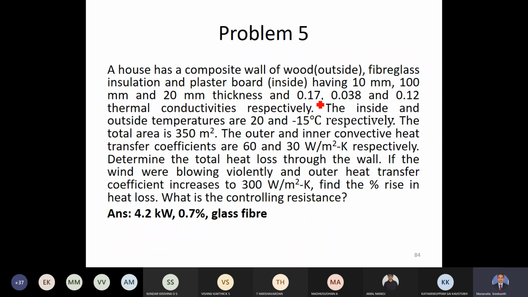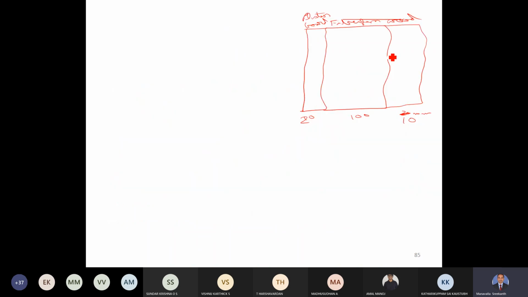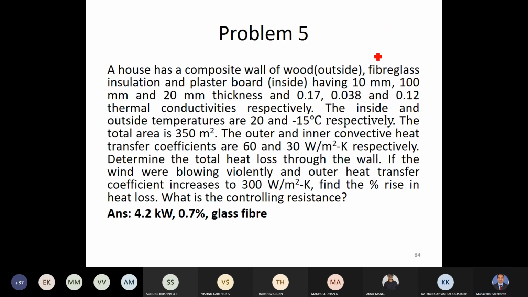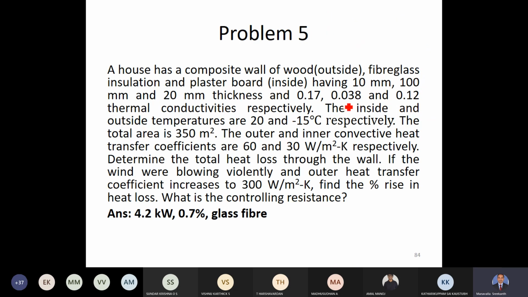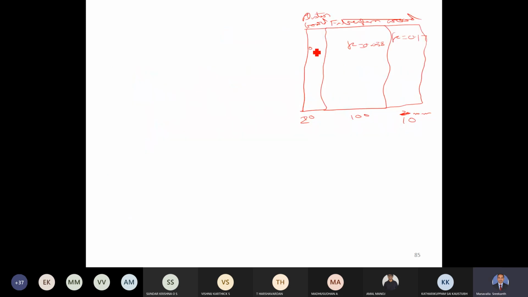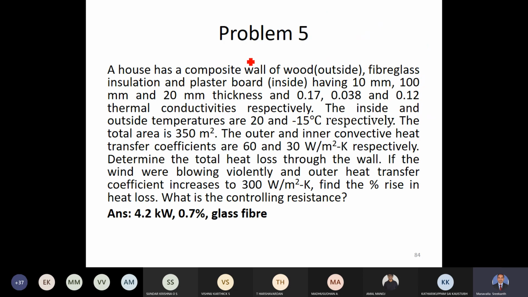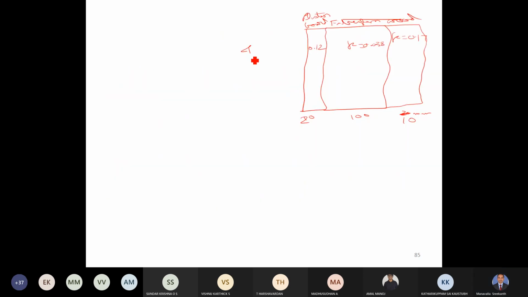And again, thermal conductivity: for wood K is 0.17, for fiberglass K is 0.03, and for plaster board K is 0.12. Now this side is the inside and this side is the outside.